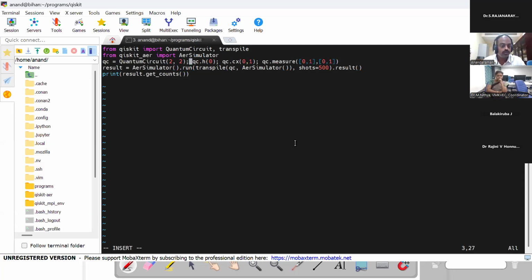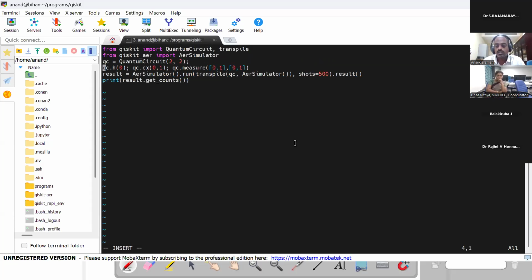Here QC, we are creating 2 qubits. First is Hadamard gate on Q0, and X gate you are doing, X of 1.